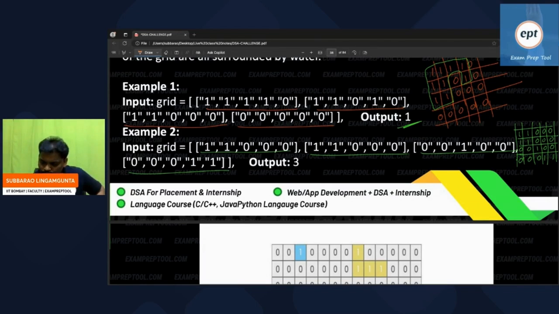So this is one, this is one, this is one. If anyone has any doubt, it is 3. So I think 3 islands.